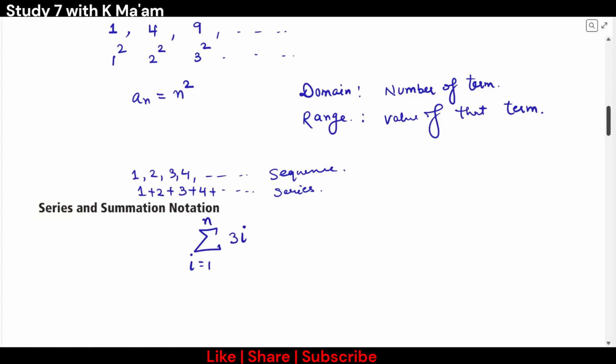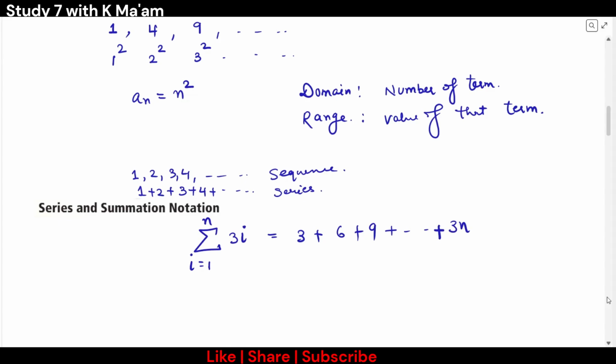And it means if I open it, it looks like: substitute n1, substitute n2, substitute n3. So the next term will be written but with a plus sign. So this is how summation works. The last term is 3n.